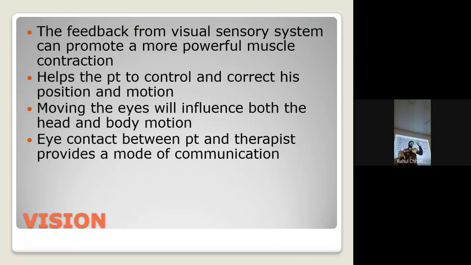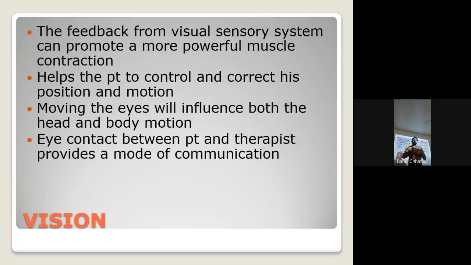So whenever the patient is doing something, even if you are doing a passive movement, the first technique that we are going to see in PNF is rhythmic initiation. In that we move passively, but we ask the patient to look at what we are doing, and the brain senses it. The brain gets the signal that yes, this is how it is to be done, and slowly and steadily more voluntary control, which the patient cannot do voluntarily, will come.